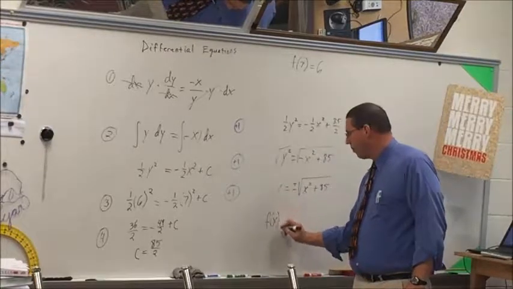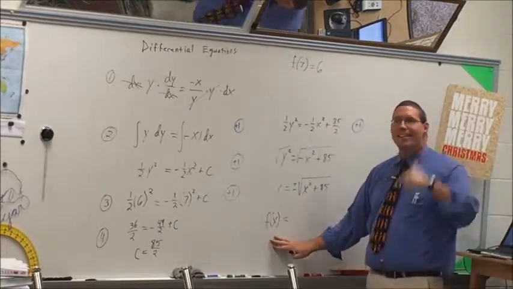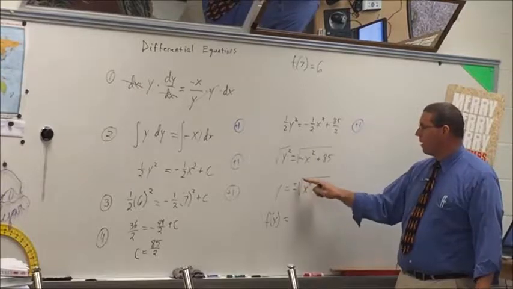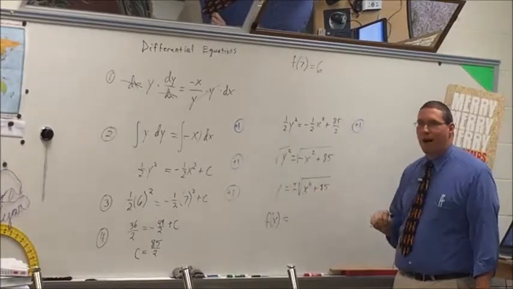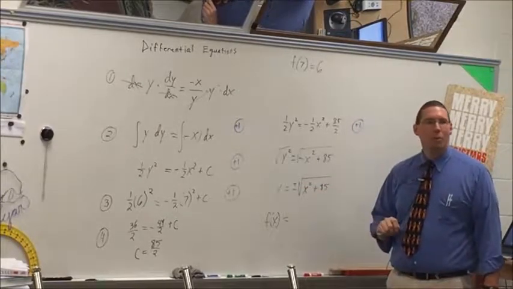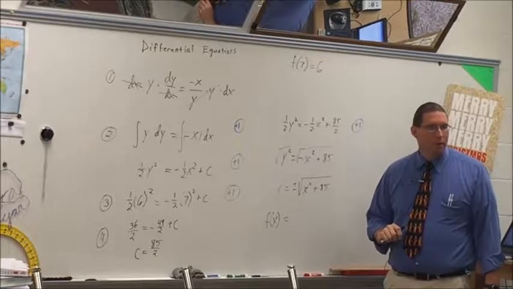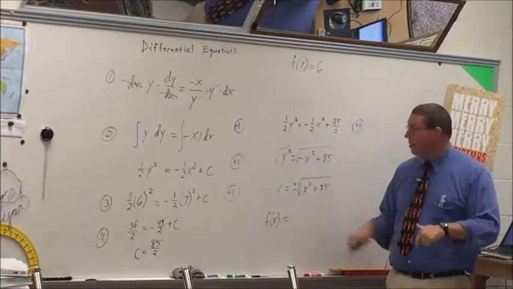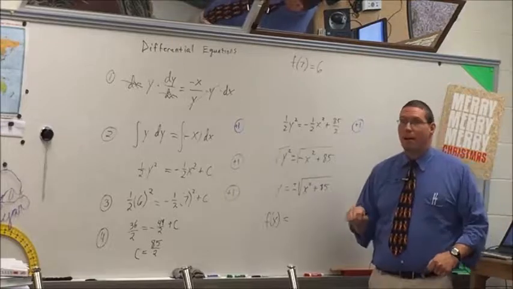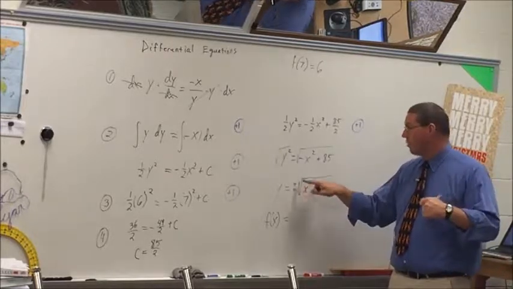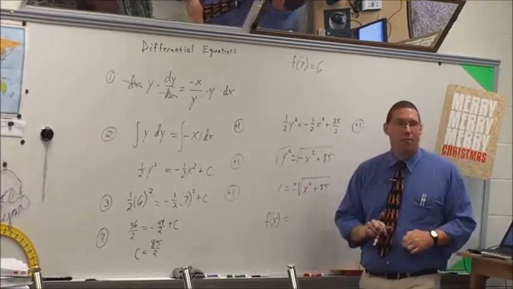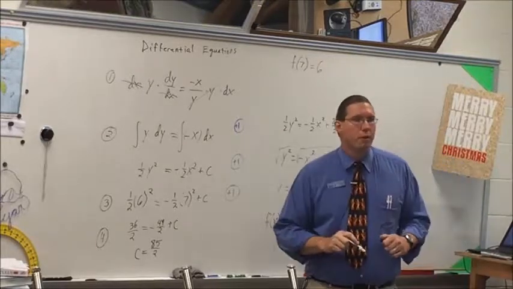But here's the thing. Our answer is not plus or minus the square root of x squared plus 85. It's only one of them. It's either the positive version or the negative version of the square root of x squared plus 85. Which one is it?